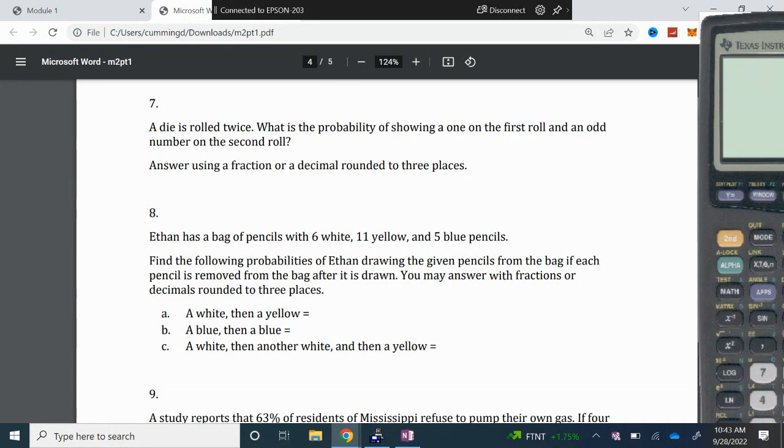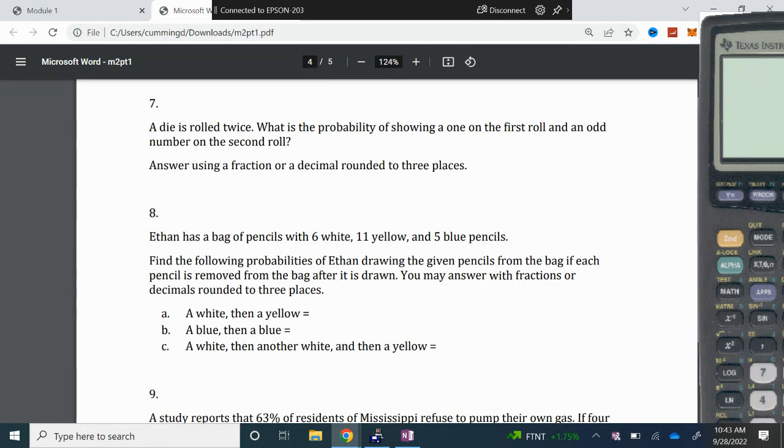Number 8 says Ethan has a bag of pencils, 6 white, 11 yellow, and 5 blue pencils. Find the following probabilities of Ethan drawing the given pencil from the bag if each pencil is removed from the bag after it's drawn. So when he takes a pencil, he doesn't put it back.